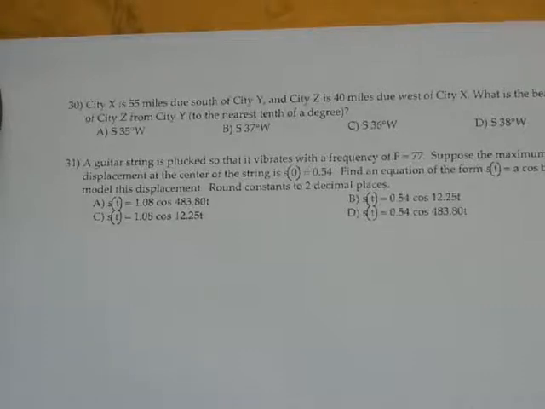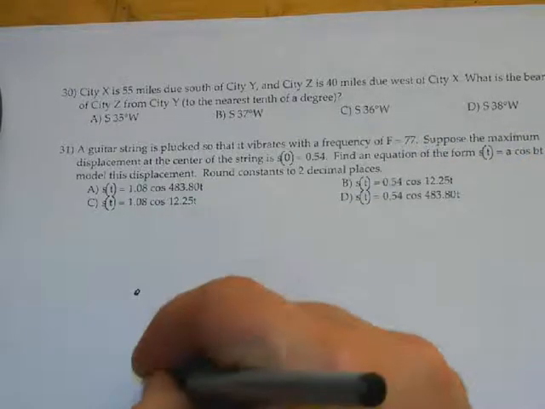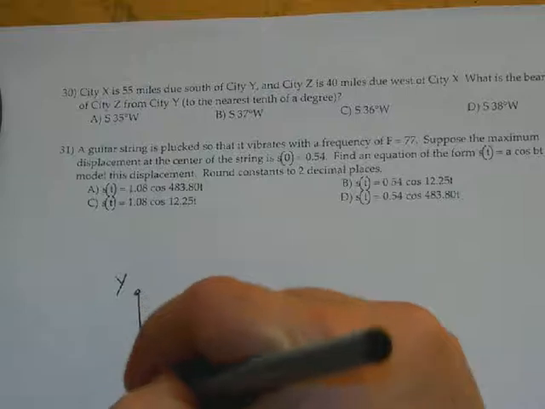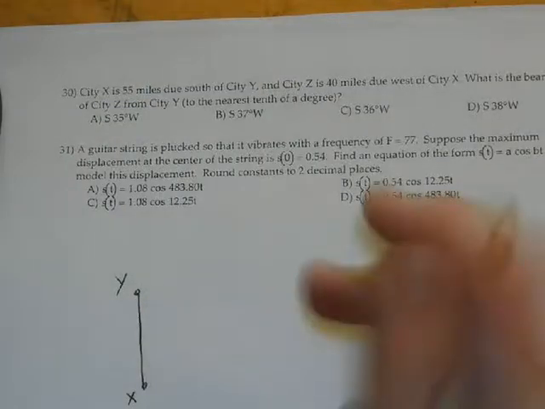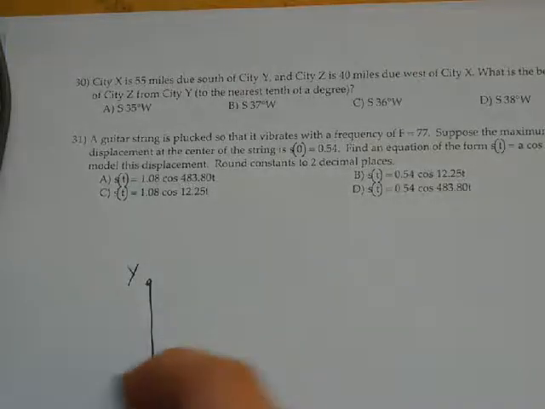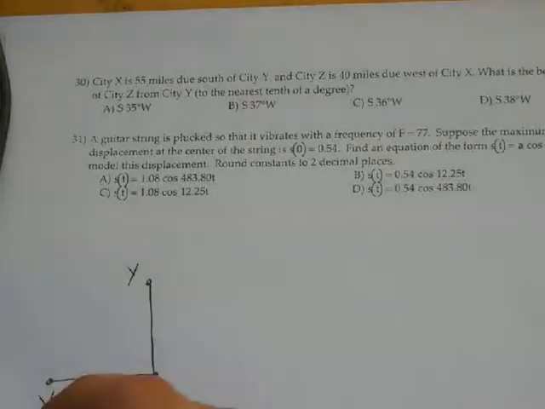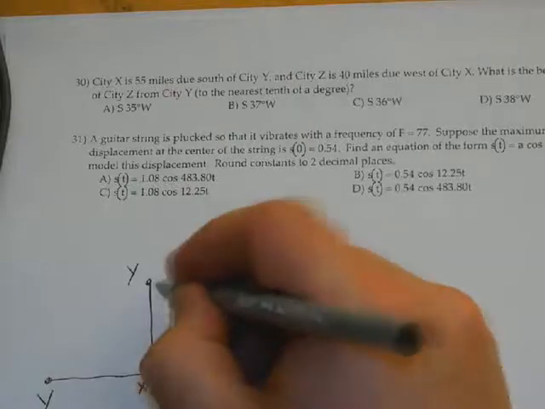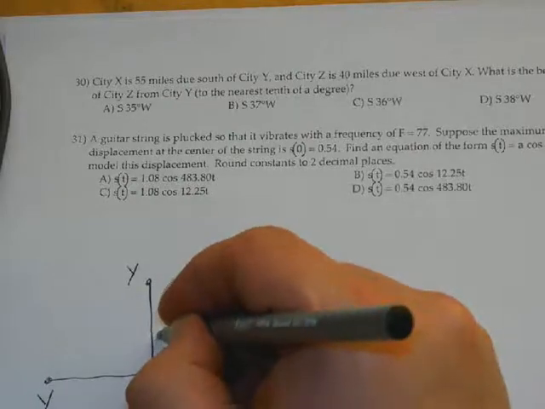So number 30, city X is 55 miles due south of city Y. And city Z is 40 miles due west of city X. So this is 55.